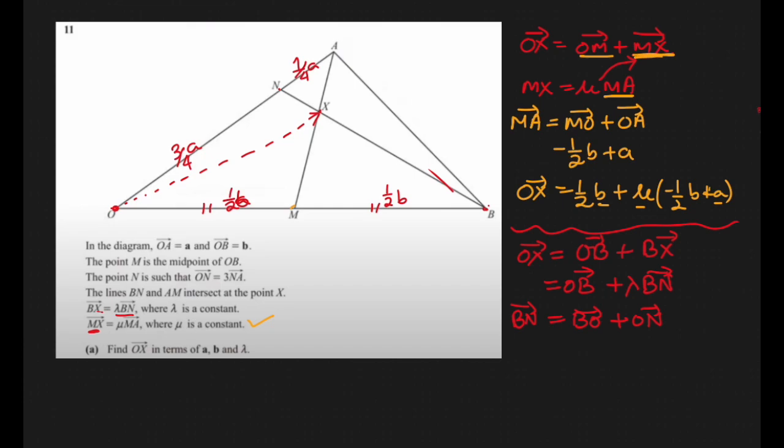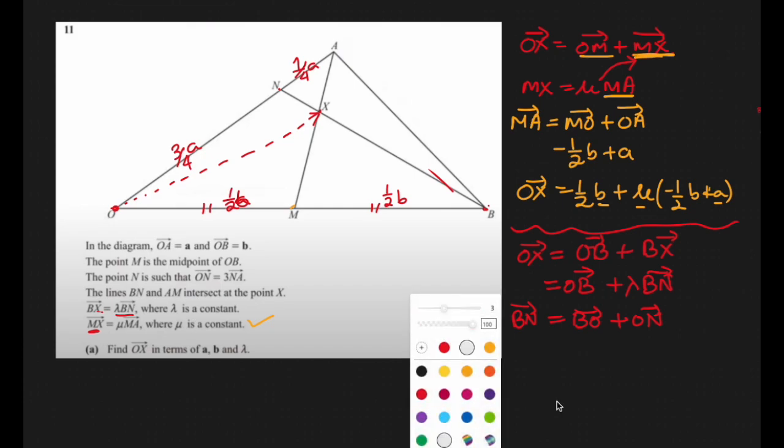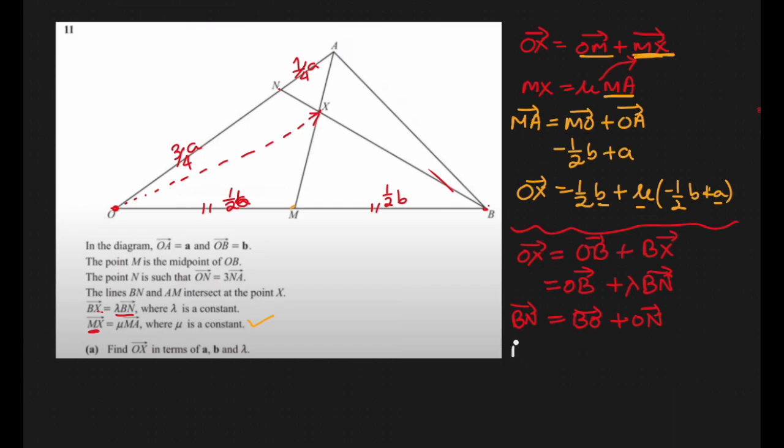If you see here, BN can also be written as BO, which is minus B, B in the opposite direction, B to O, and ON is 3/4 of A. So BN is minus B plus 3/4 of A. Now we'll substitute that BN here.